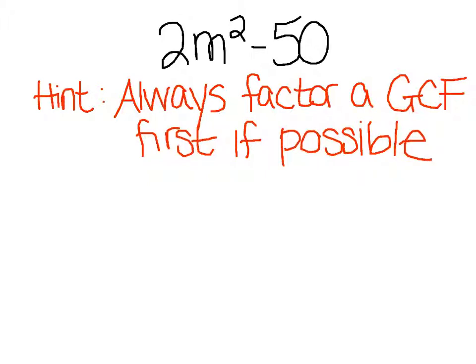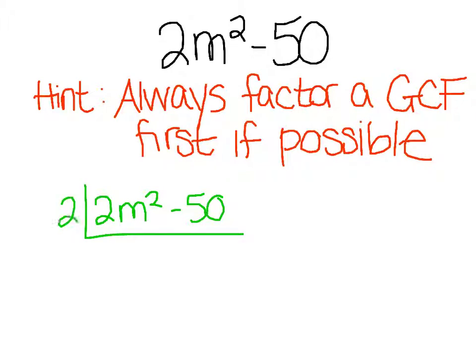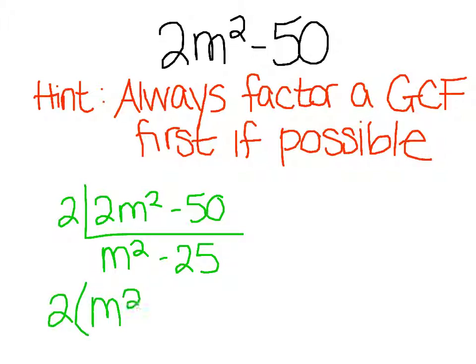So let's look and see if there's a GCF here. We have 2m squared minus 50. We notice that 2 can go into both of these, and we get m squared minus 25. That leaves us with 2 times m squared minus 25. Well, now looking at m squared minus 25, we have a difference of two squares, because the square root of 25 is 5.